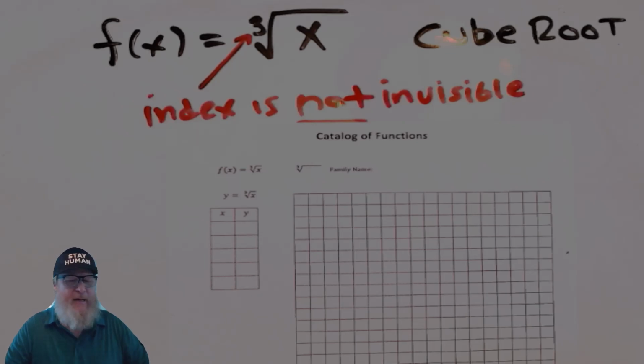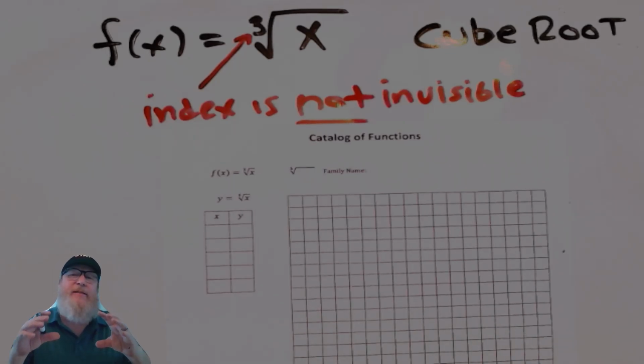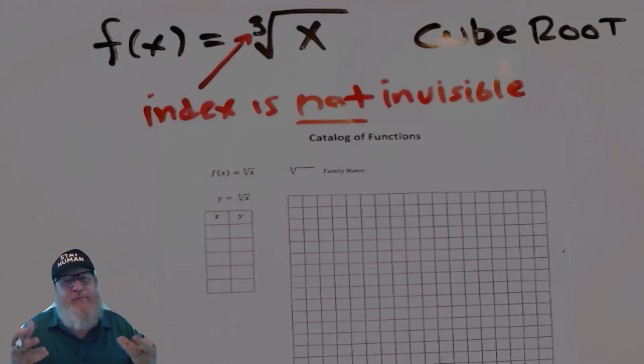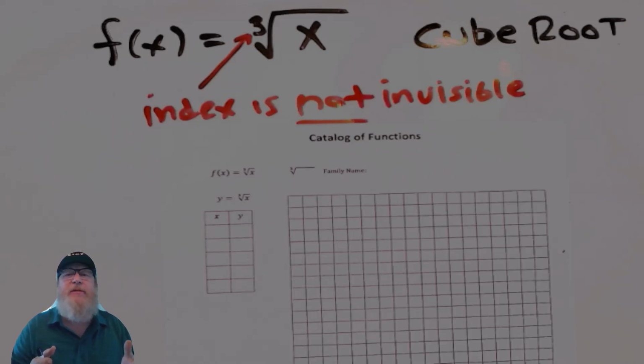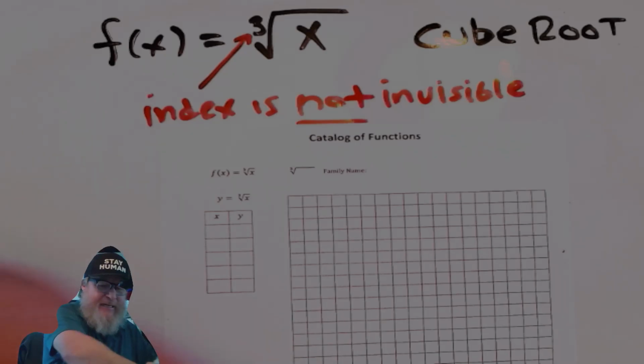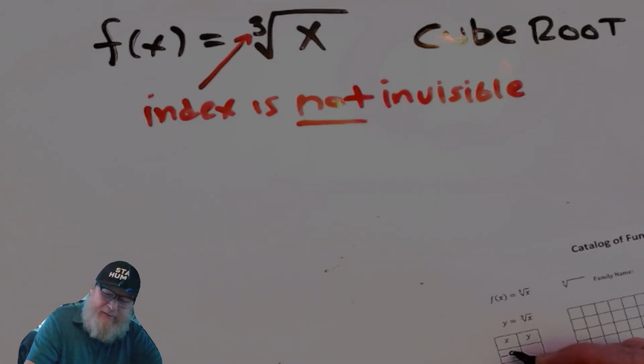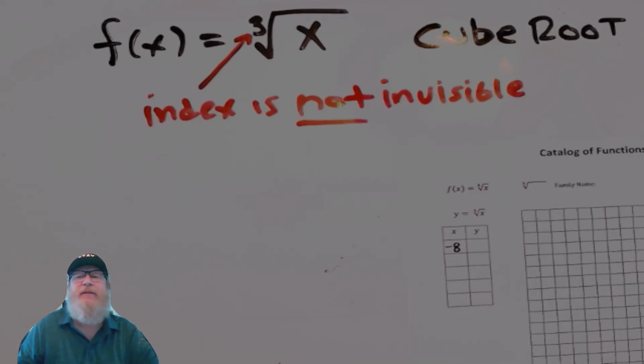All right. Now remember, a cube root is the inverse, or if I haven't defined inverse in this course yet, you can just think of it as the reverse. We are reversing the direction of the operation. All right, so we're going to be plugging in -8 and not -2.